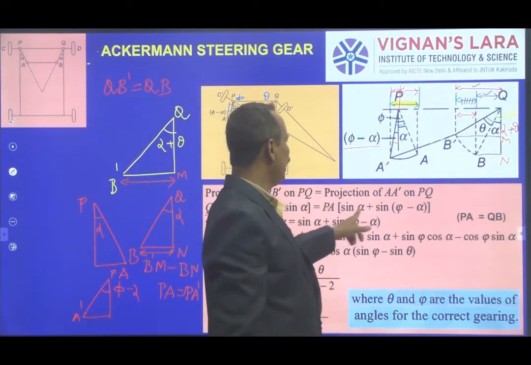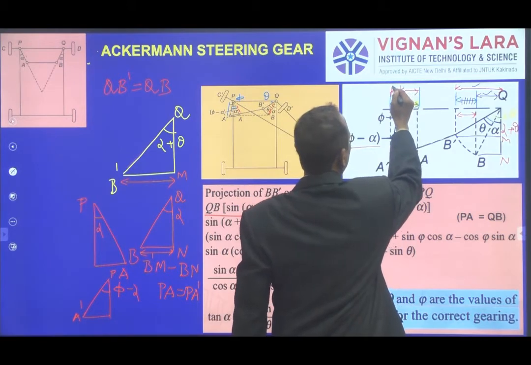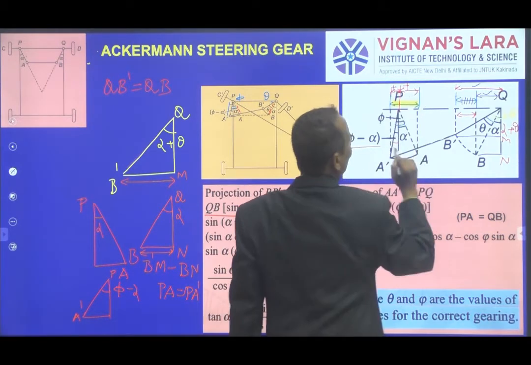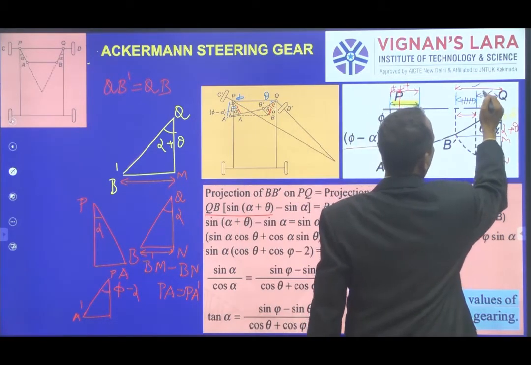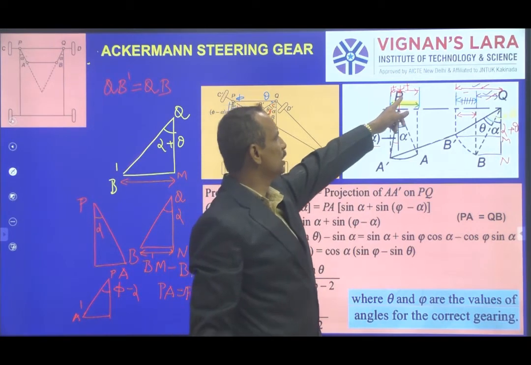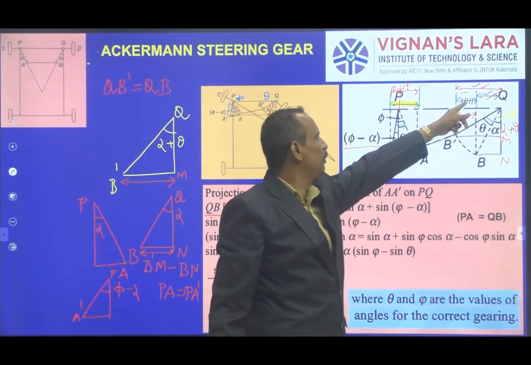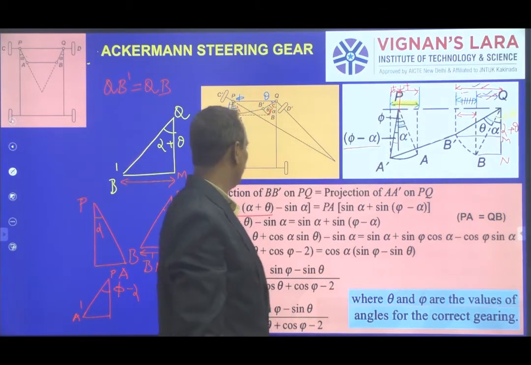Then PA sine phi minus alpha. That means I have added these two and here I have subtracted. So from this color to this color, I used different colors because here I am subtracting and here I am adding to get it.